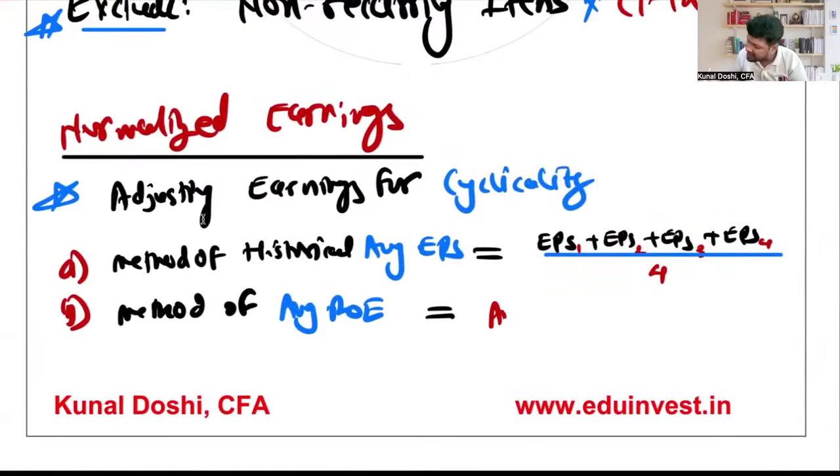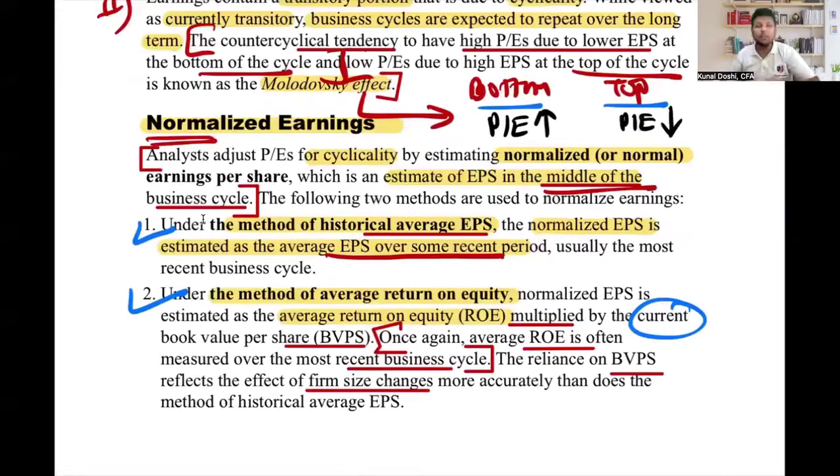So we will take the average ROE and multiply that with the book value per share of the current period, which is basically T, or you can say T minus 1 if it's the past. Next year is T plus 1. So you can use T, or sometimes if they give you the past, you can use T minus 1. So basically, this is going to be your book value per share of the current period. Everyone with me? Clear.